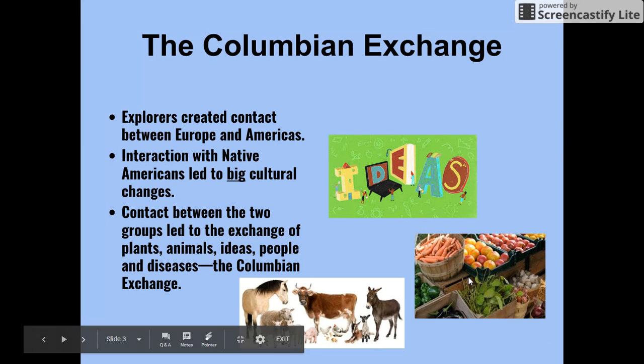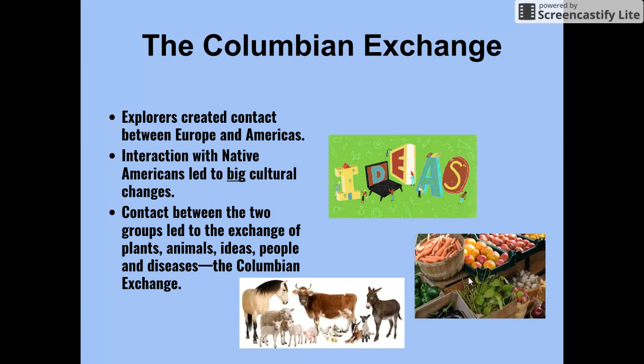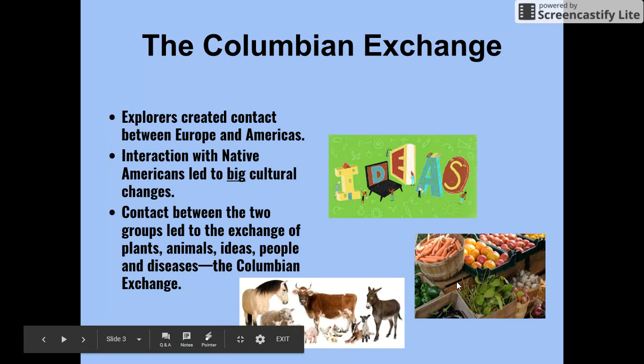So now you have different recipes, different dishes that are coming about, things that we enjoy every day today that would not have happened if it had not been for the Columbian exchange, those Europeans going over, interacting with the Native Americans. Contact between the two groups led to the exchange of plants, animals, ideas, people, and diseases. And this is what we call the Columbian exchange.